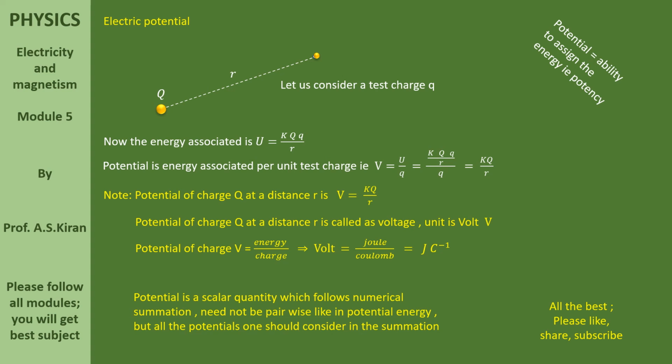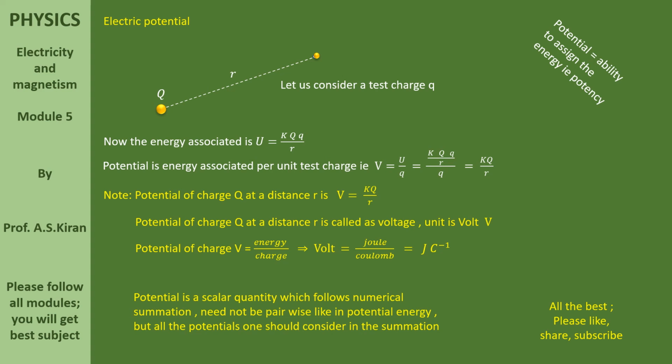It need not be pairwise like our potential energy, but all the potentials should be considered in the summation. Of course, in the next module, the sixth module, we will discuss a model problem, a very complicated problem, to understand the subject properly. Don't bother about the calculations, so that we understand the subject in a clear-cut manner.